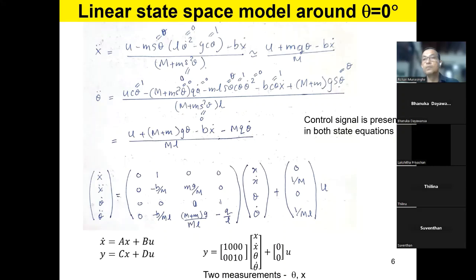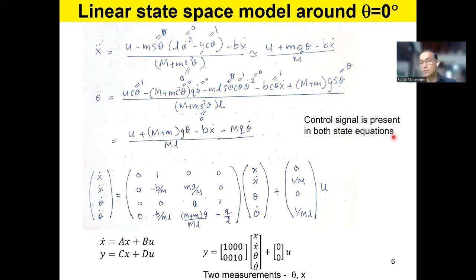It should be like this, almost vertical. Okay, not like this or that. And the same configuration, the theta double dot equation, which is highly nonlinear, would eventually become like this. And then you can have the linear state space model.